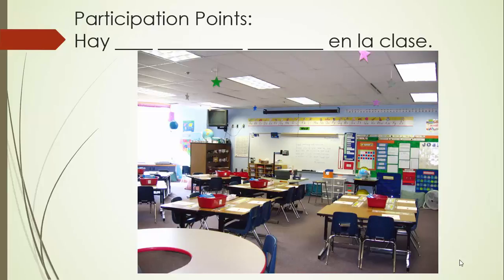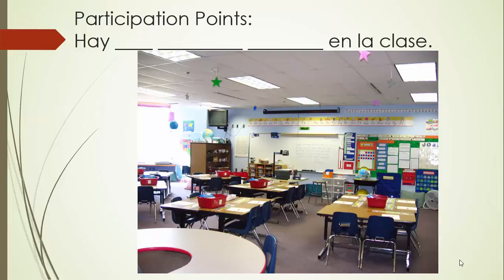Hay blank, blank, blank en la clase. What needs to go in those blanks? The first blank needs to have a number in it. The second blank needs to have an object in it. And the third blank needs to have a color or some sort of a descriptive adjective in it. So, for example, I might say something like, let's see, 1, 2, 3, 4, 5, 6, 7, 8, 9, 10, 11, 12, 13, 14.